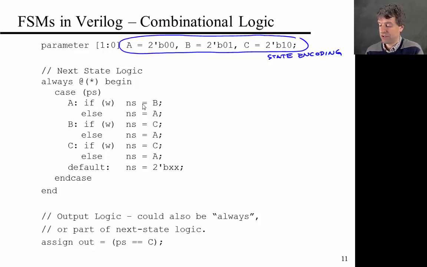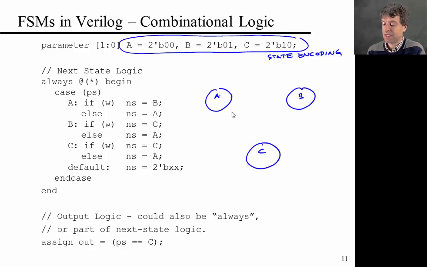is B. So I can just start drawing that. I have a state A here, a state B here, and a state C here, with the encodings 00, 01, and 10. And I said if W is true and I'm in A, I go to B. Worry about the output a little later.